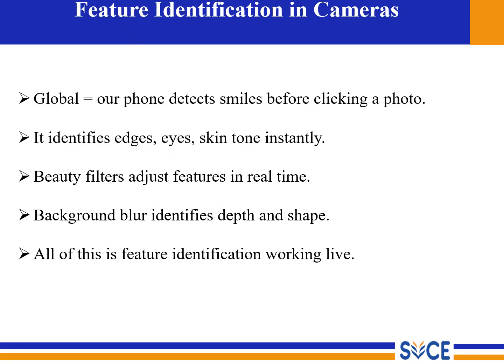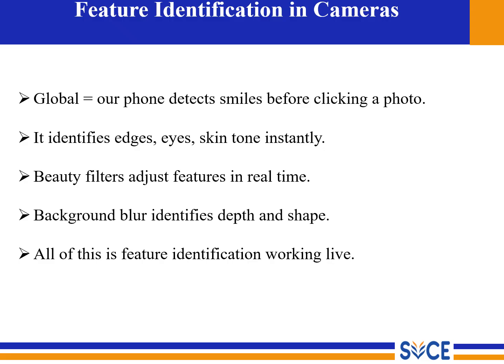Now let's talk about feature identification. When you take a photo, your phone detects the faces, adjusts the lighting, and applies filters automatically. It identifies features like eyes, skin tone, and background. This happens in real time.